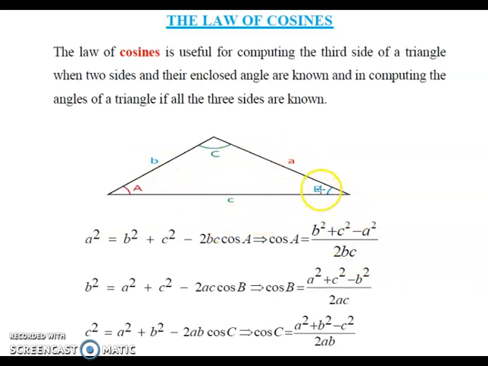If you want to find angle B, we use this rule: cosine B is equal to a square plus c square minus b square divided by 2ac. If you want to find angle C, cosine C is equal to a square plus b square minus c square divided by 2ab.